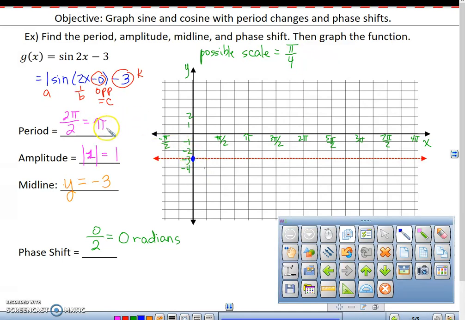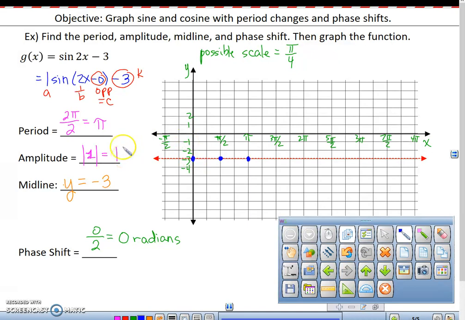Now I know the period is pi. So pi radians later, I'm going to have a point that's also on that midline. And that would be right here. That's the end of the first cycle. We need to know for sine that halfway between these two midline points, we have another midline point. And that third midline point in the middle is what's going to separate the maximum and minimum sections. So from the first midline point, sine moves to a relative maximum.